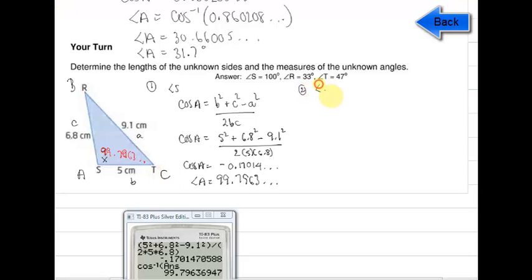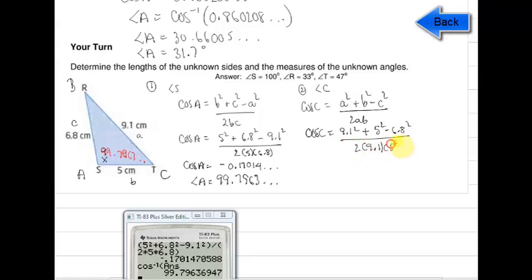All right, so next I'm going to look for, let's say, angle C. So cos of C equals A squared plus B squared minus C squared over 2AB. So cos of C equals A squared, which is 9.1 squared, plus B squared, which is 5 squared, minus C squared, which is 6.8 squared, all over 2 times 9.1 times 5.